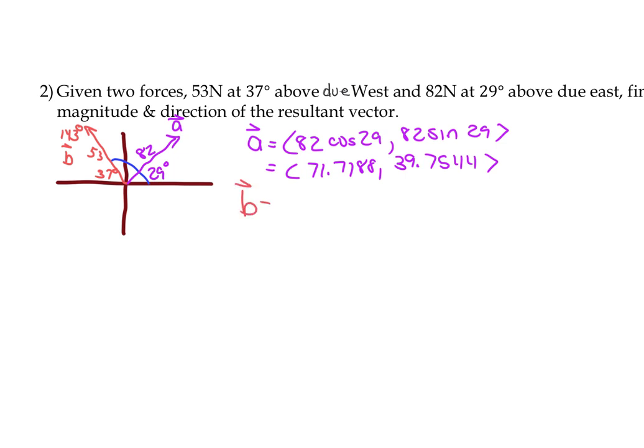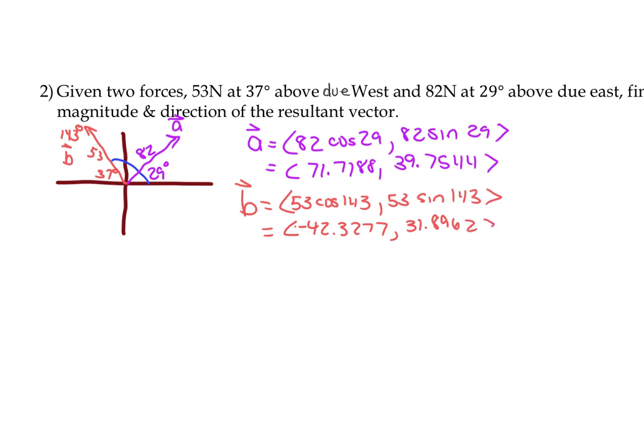Now we'll find the components for B. And that's going to be 53 cosine 143 and 53 sine 143. Put this in the calculator and we get negative 42.3277 and 31.8962. That's a negative, positive because I'm in quadrant 2 on that one.